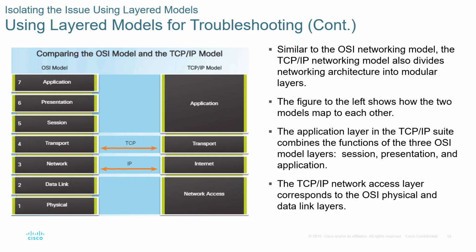The transport layer is exactly the same, except that it has been specified as TCP or UDP as the protocols, and the network layer is translated into the internet layer. The 2 bottom layers, the data link and the physical layer, are combined into one in the TCP/IP model, and they are called network access.